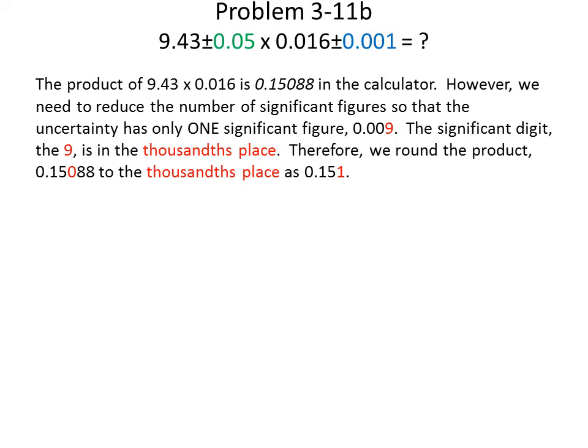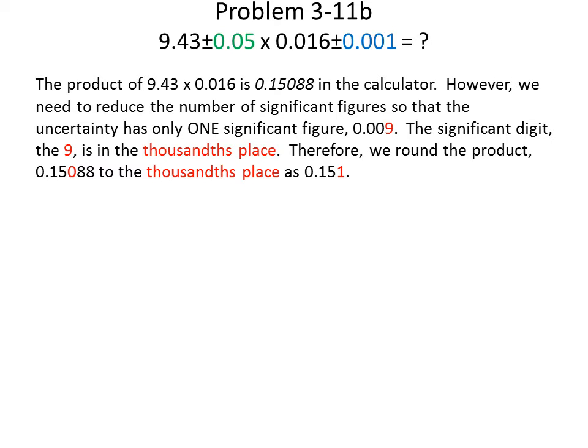The product of 9.43 times 0.016 is 0.15088 in the calculator. However, we need to reduce the number of significant figures so that the uncertainty has only one significant figure, 0.009. The significant digit, the 9, is in the thousandths place.